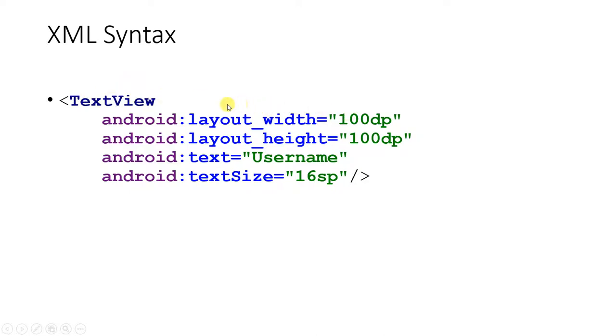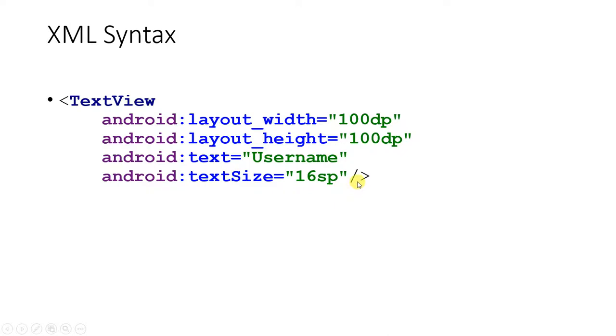We start with an open angle bracket, followed by the view name, which can be either text view, image view, button, depending on the view you want to display, and followed by a list of attributes defined one per line, and followed by a forward slash and a closing angle bracket.